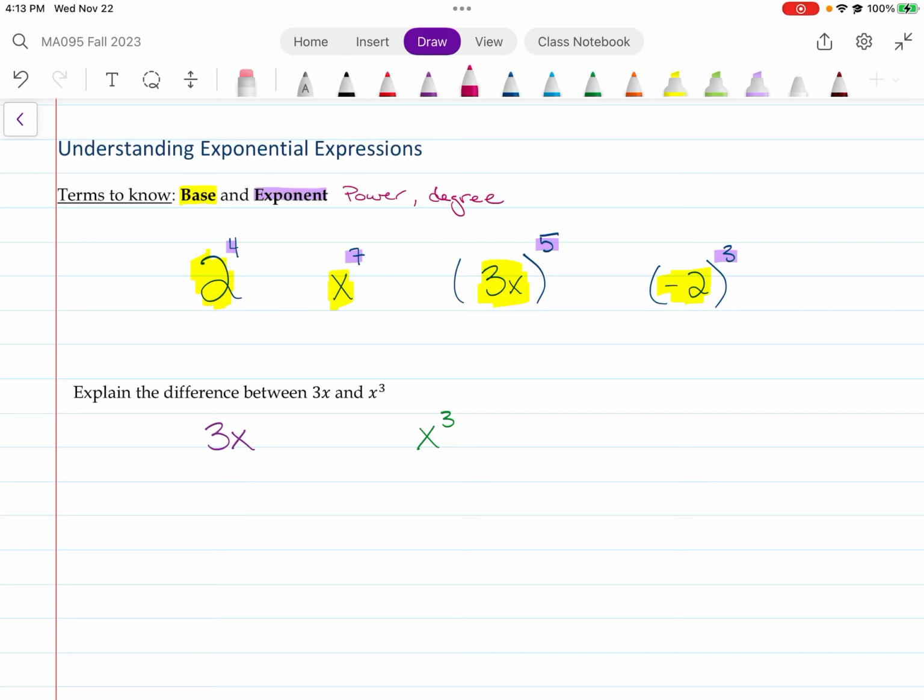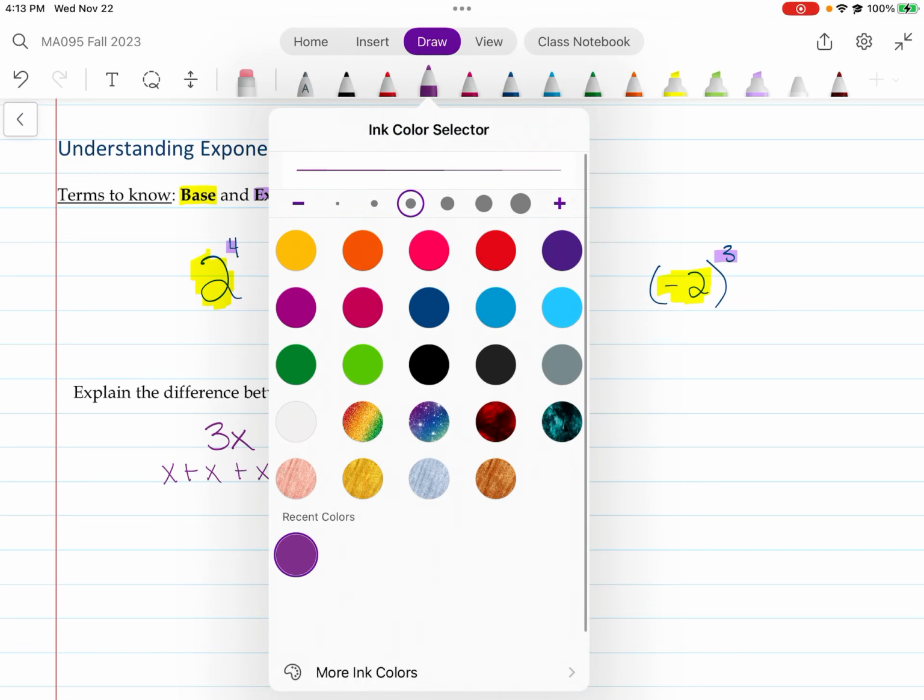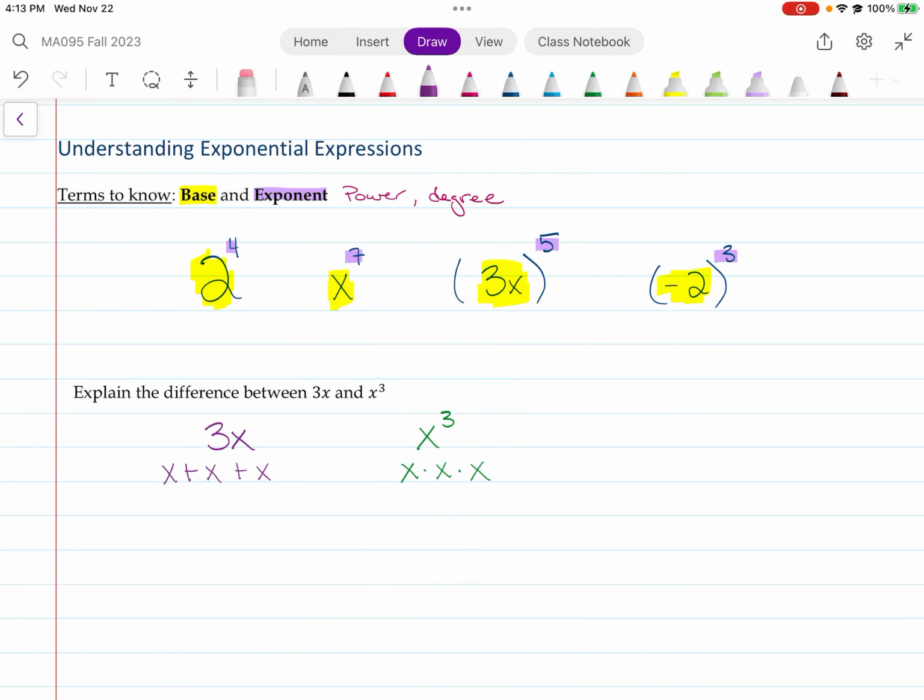All right, so 3x is x plus x plus x, whereas x cubed is x times x times x. See the difference? All right, so we call x plus x plus x repeated addition.